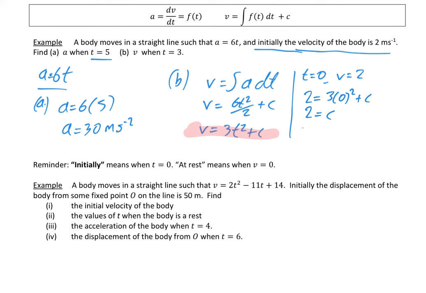Then you can rewrite your equation: v = 3t² + 2. And then we'll just say when t = 3, that's what we had to find in this question. Your v is equal to 3 × 3² + 2. 3 squared is 9, times 3 is 27, plus another 2, your v is equal to 29 meters per second, ms⁻¹.